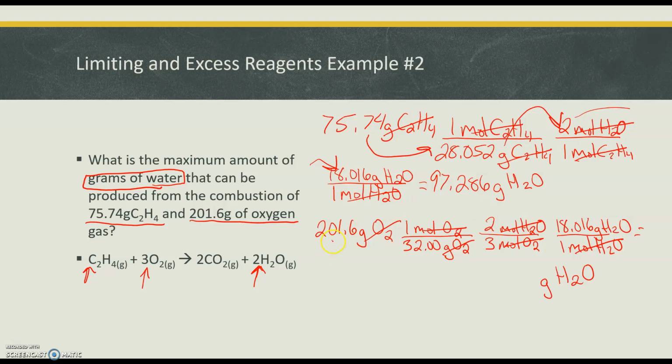The bottom, we're going to multiply. Then we're going to multiply by our ratio of 2 over 3 and multiply by our 18.016. This should give us 75.667 grams.